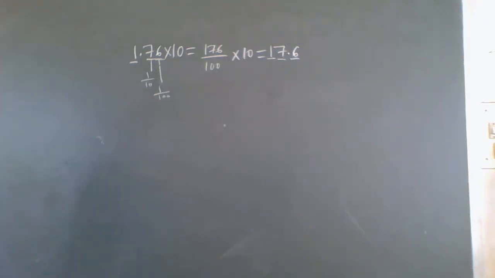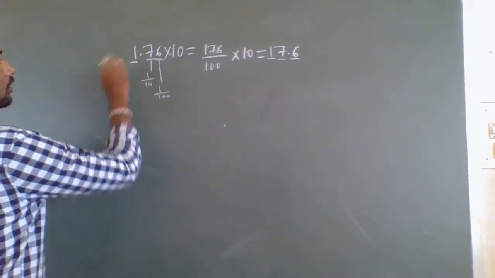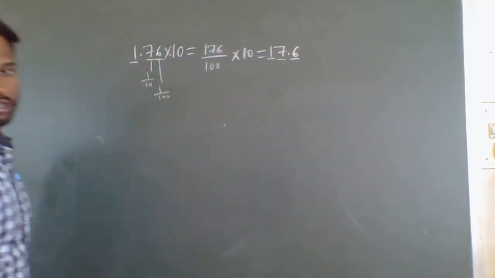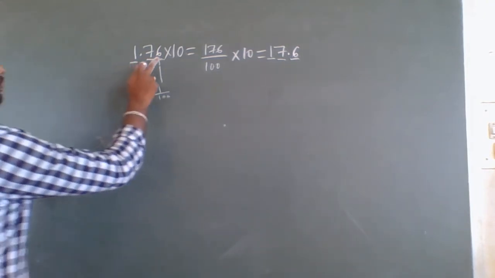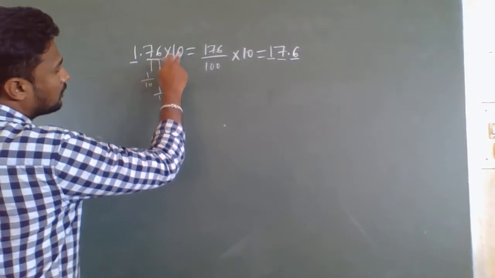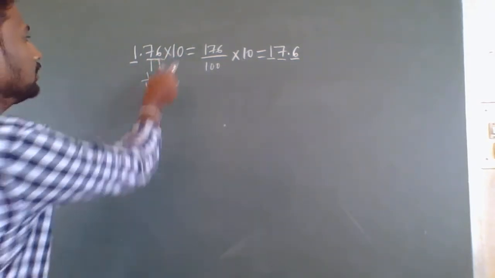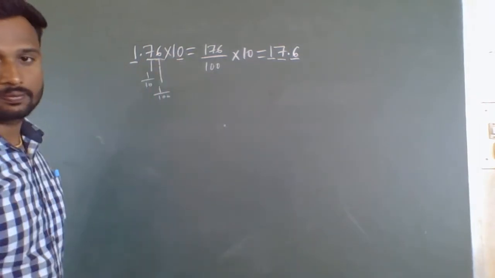Now you can see after this 1 we have the decimal point, but here after 7 we have the decimal point. How to consider the decimal point? You can see 1.76 into 10. In this 10, how many zeros are there? Only one zero.